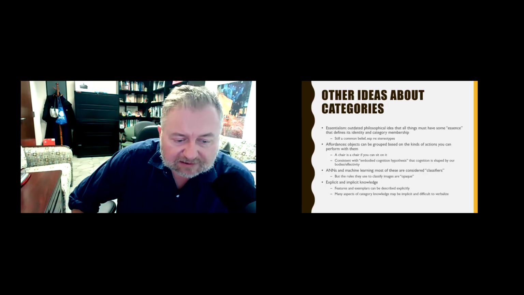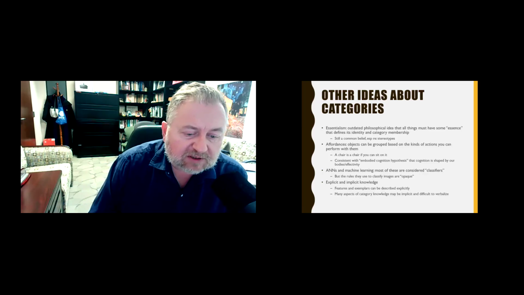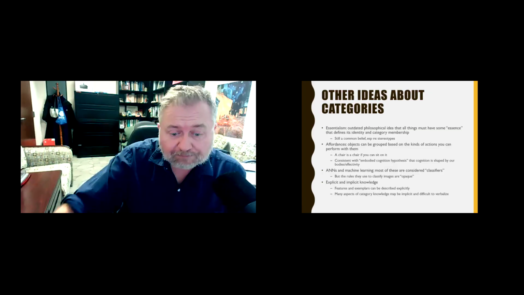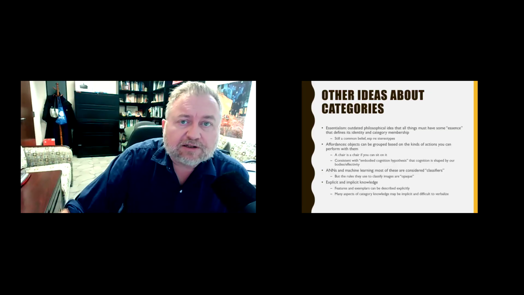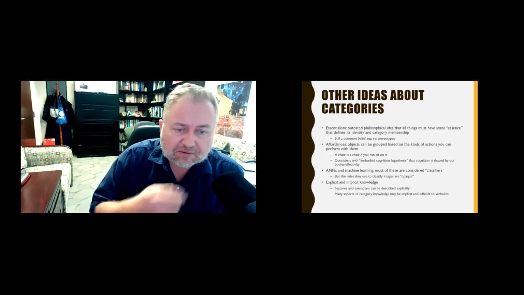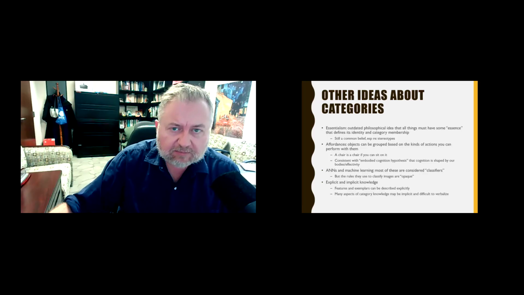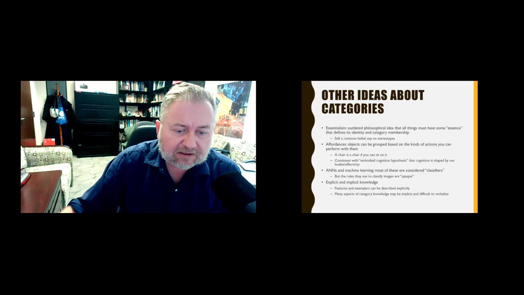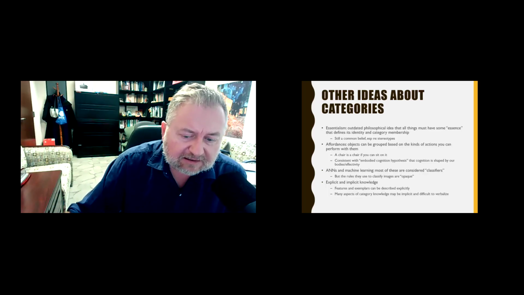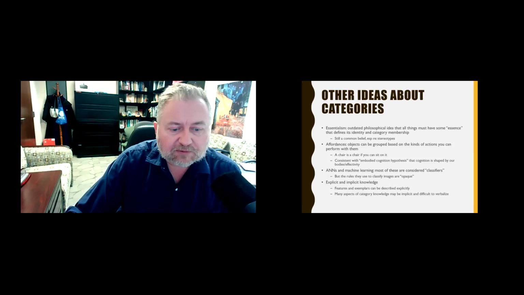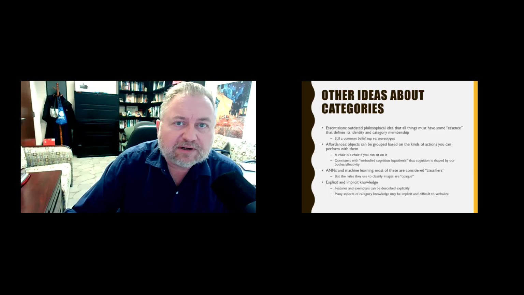One other thing to consider is that when we previously talked about the difference between explicit and implicit knowledge, when we talked about memory systems, explicit knowledge is the stuff that we can verbalize. And so when it comes down to saying things like, well, what makes a dog? And I'm saying, well, okay, it can't be the fur coat and the forelegs or the tail or the pointy ears or any of these things. So I can't necessarily name it, but nevertheless, I can still identify a dog when I see one, right? So it's this old idea of I can't define that, but I know it when I see it.